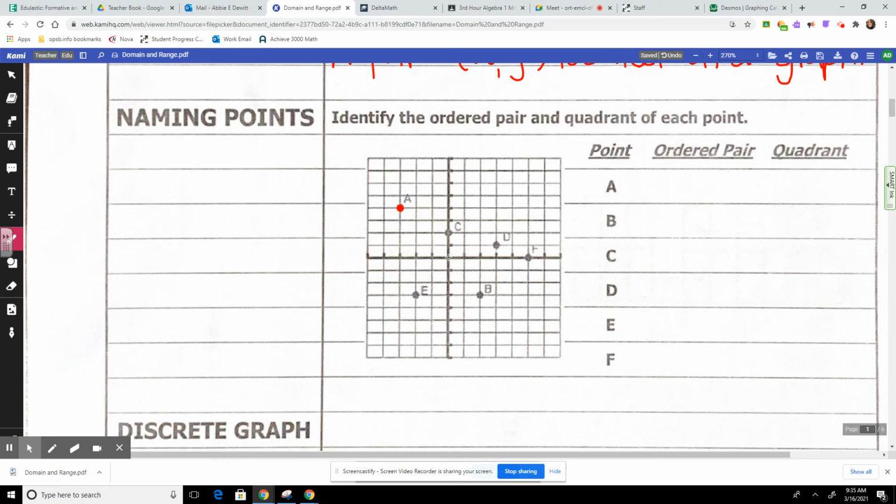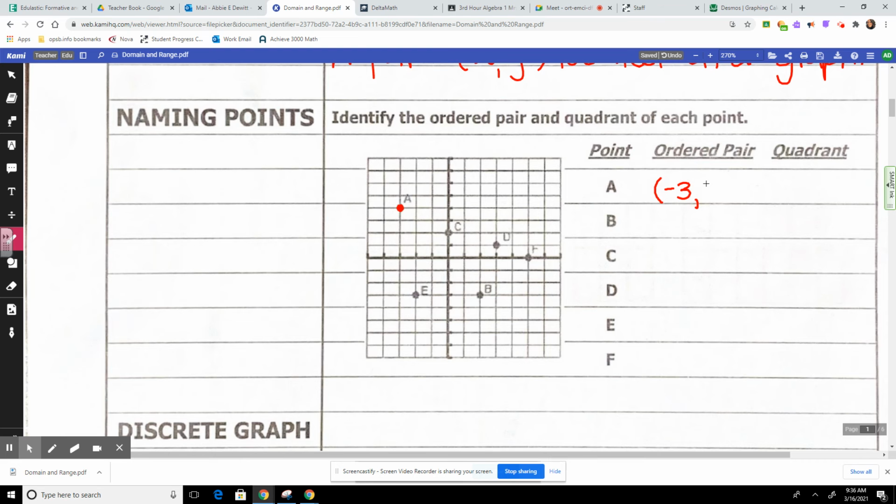I'm going to start at the origin and I'm going to go left or right first because my first number in my ordered pair, my x value, I need to move along the x-axis first. So from the origin, I'm going to go left 3. If I go left 3 spaces from the origin, that's negative 3, the point where x is negative 3. And then I need to go up along the y values, 1, 2, 3, 4.